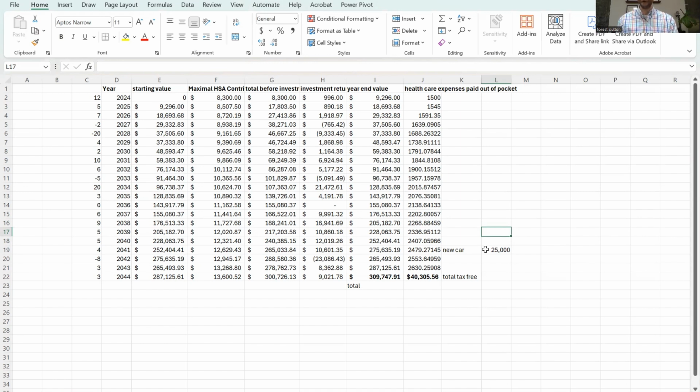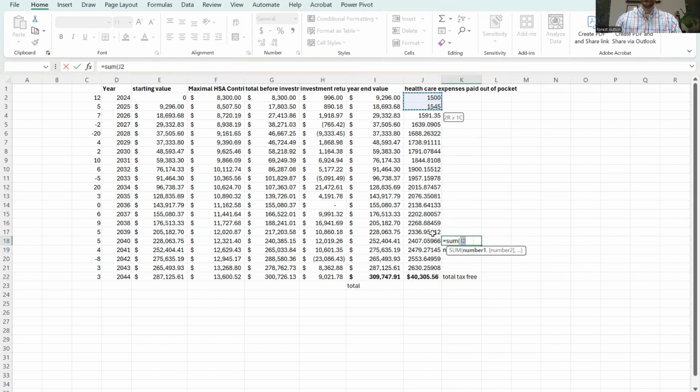You fell into a cash crunch and you really need a new car. Well, guess what? If we add up all these expenses, you have $32,000 of tax-free money that could be used because you have your receipts.